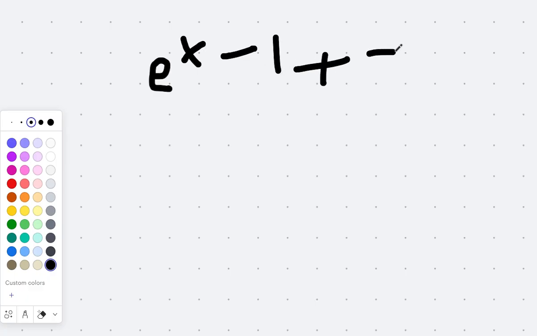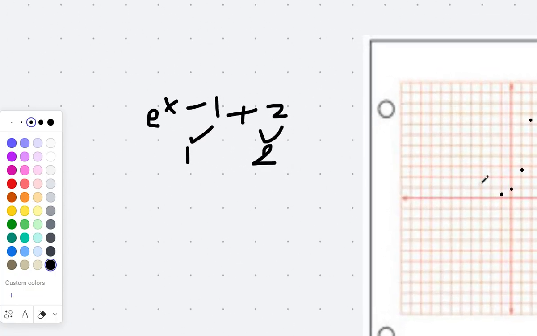Just zoom in. Let's say e to the power x minus 1, plus 2. This means our asymptote is 2. So we're going to graph it.